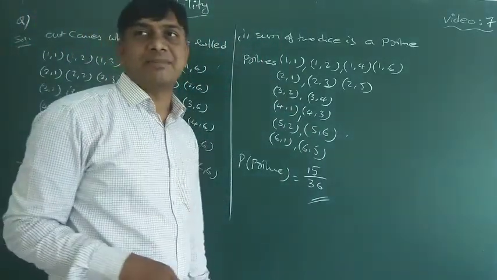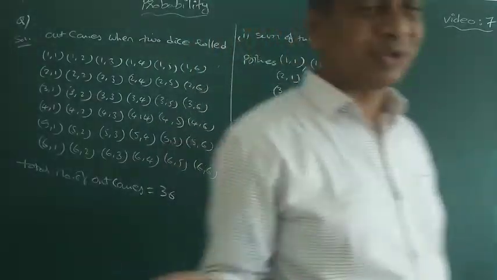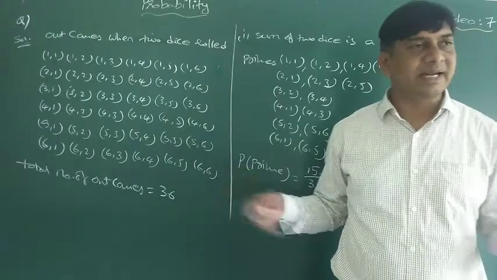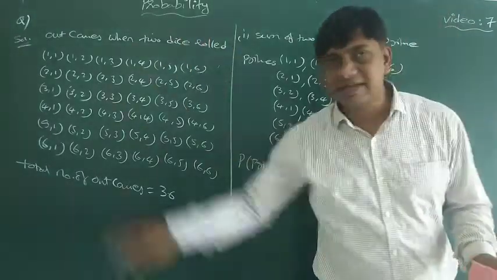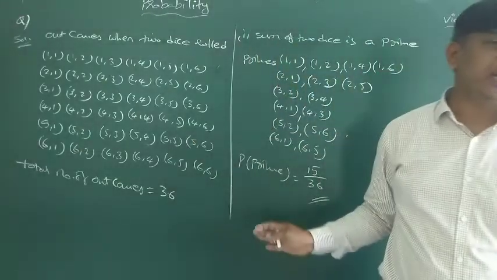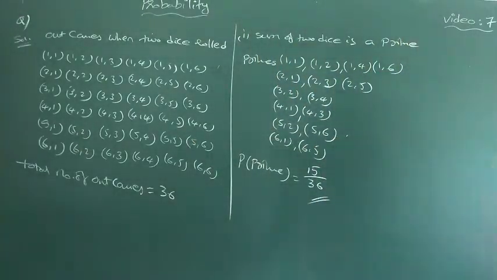Sometimes they will ask the sum of two dice is a perfect square. Sometimes they may ask the sum of the two dice is divisible by 5. Like that they may give, sir. But whatever the question type, you have to write this table and calculate everything. Okay, write this down. This is the additional question which I dictated.